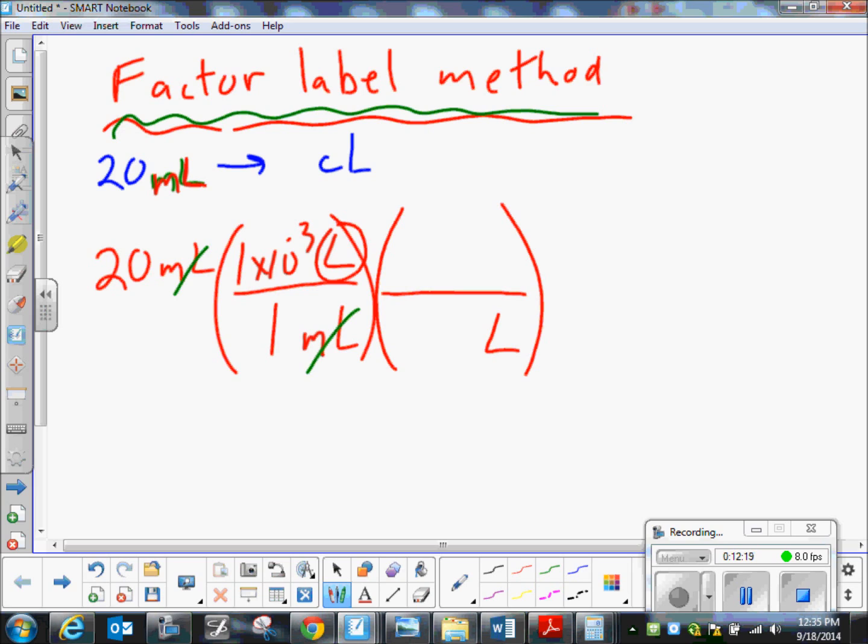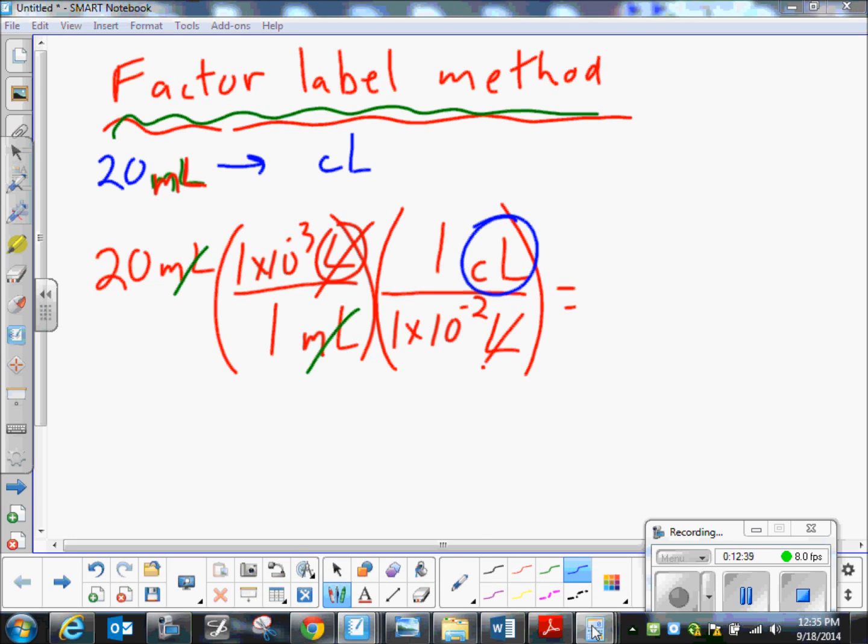And I'm going for centiliters, and I know that 1 centiliter is 1 times 10 to the negative second liters. And now I can see that I've canceled out my liter label, and I'm left with my centiliter label, which is what I'm going for.